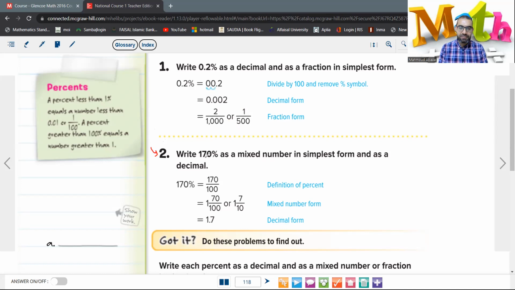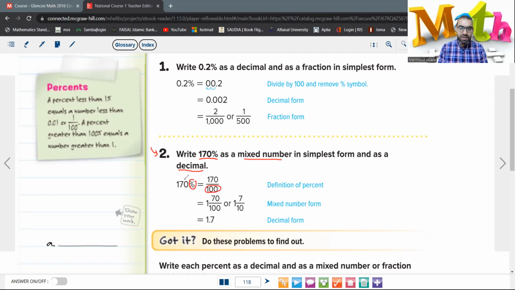Example 2. Write 170% as a mixed number in simplest form and also as a decimal. We all know that percent means over 100.